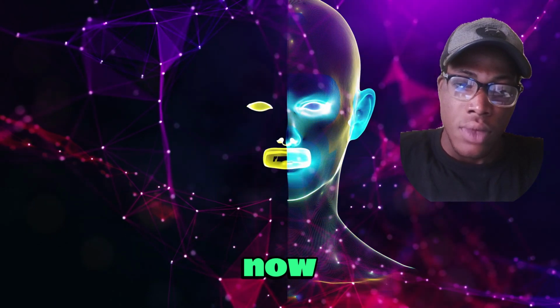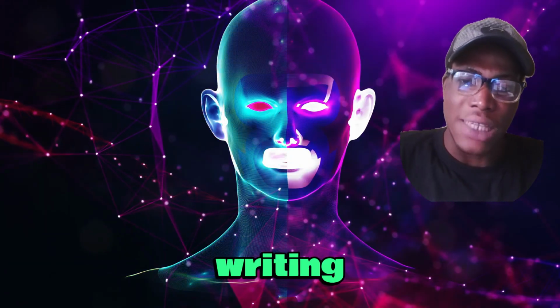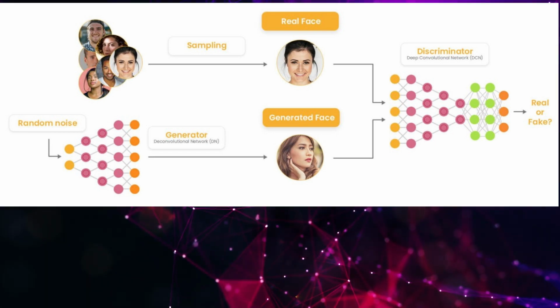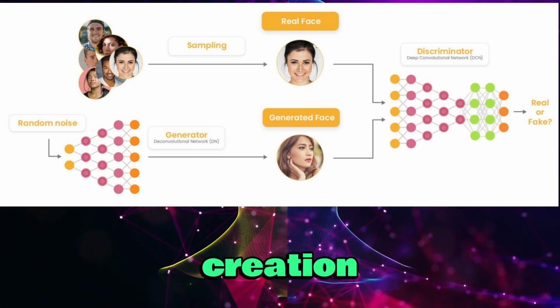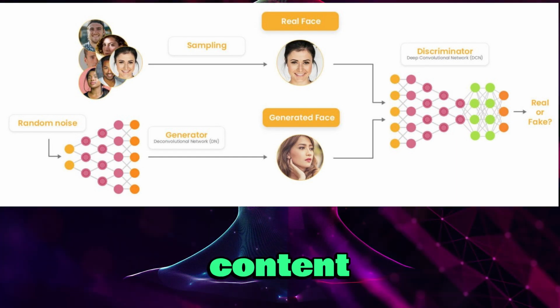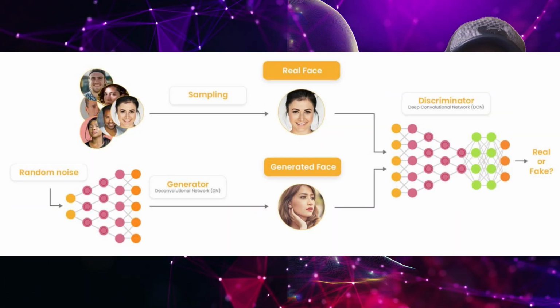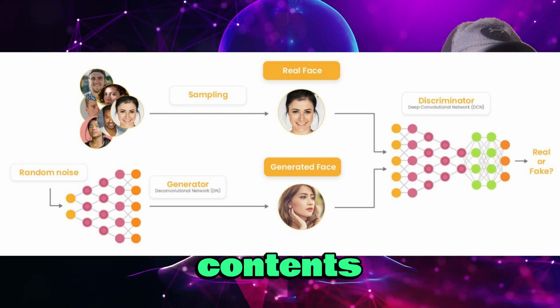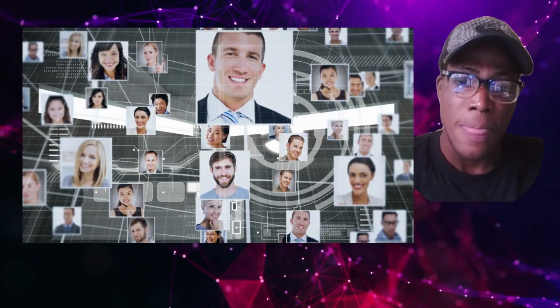It's like teaching a computer to write a poem after analyzing thousands of poems. It's its own creation, but it's based on its understanding of the content it has already seen.